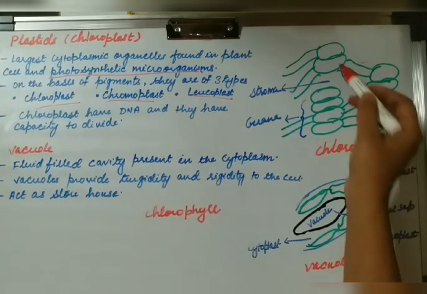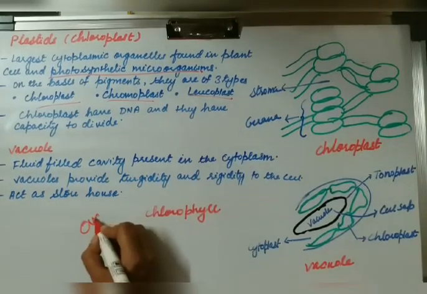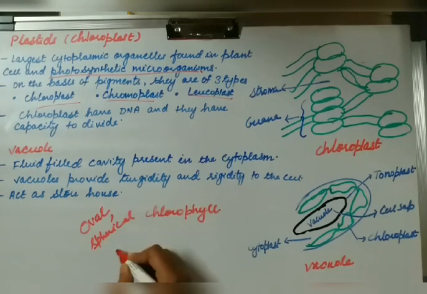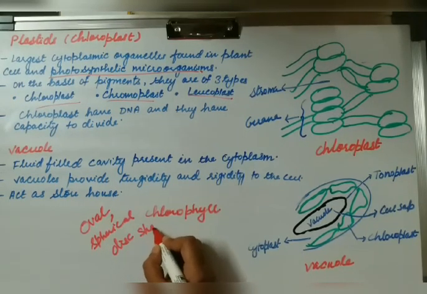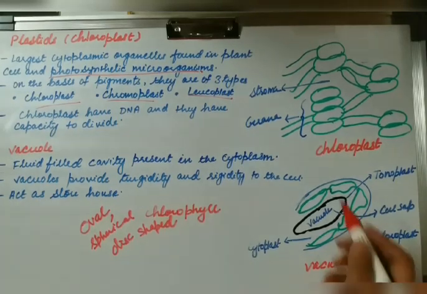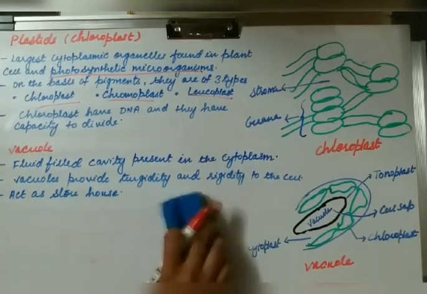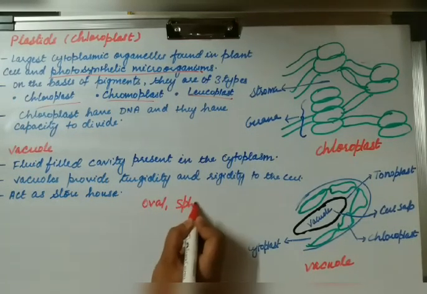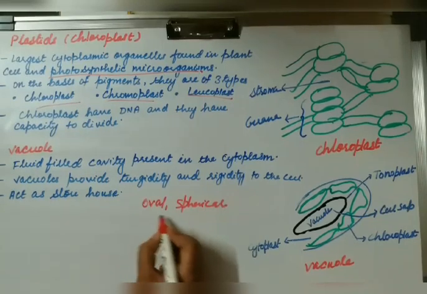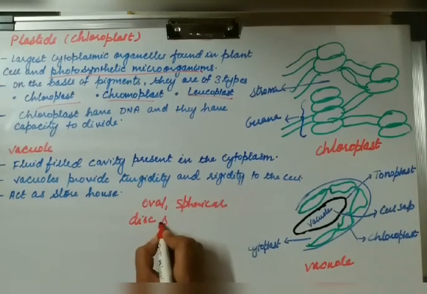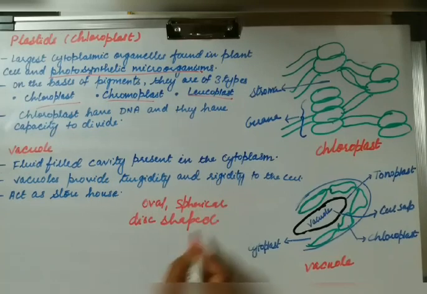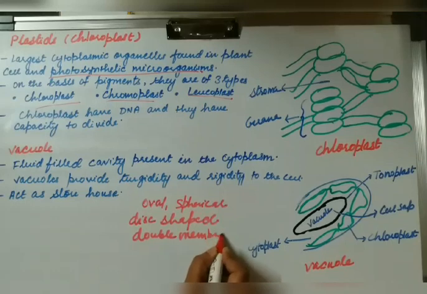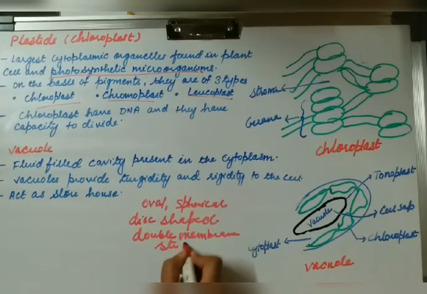This plastid is basically oval. It can be spherical or dish shaped, and it is a double membrane structure.